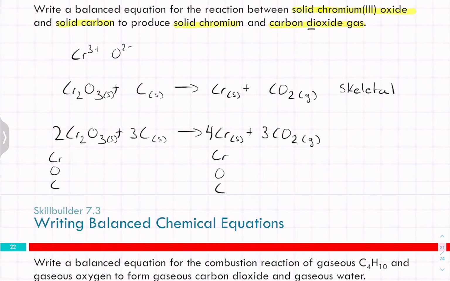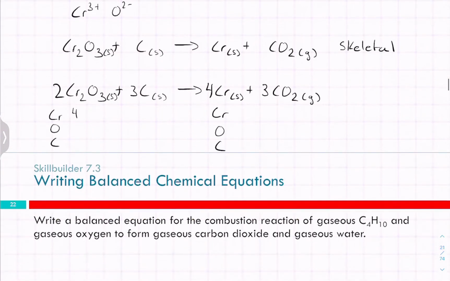So this is going to be 4 chromium. How many oxygens? 6. 3 carbons. And then this will be 4 chromiums because it's got a coefficient of 4, then 6 oxygens and 3 carbons. So same number on either side.